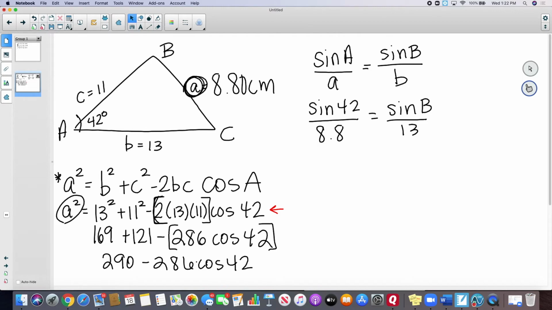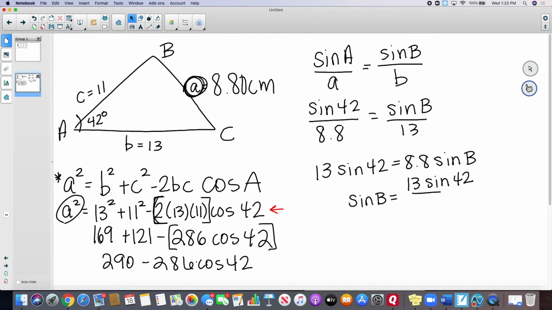Now, I hope that you've realized at this point we are looking for an angle measure, which means we're going to have to use inverse sine. So cross multiply: 13 sine 42 equals 8.8 sine B. We're dividing by 8.8, so sine B equals 13 sine 42 over 8.8.